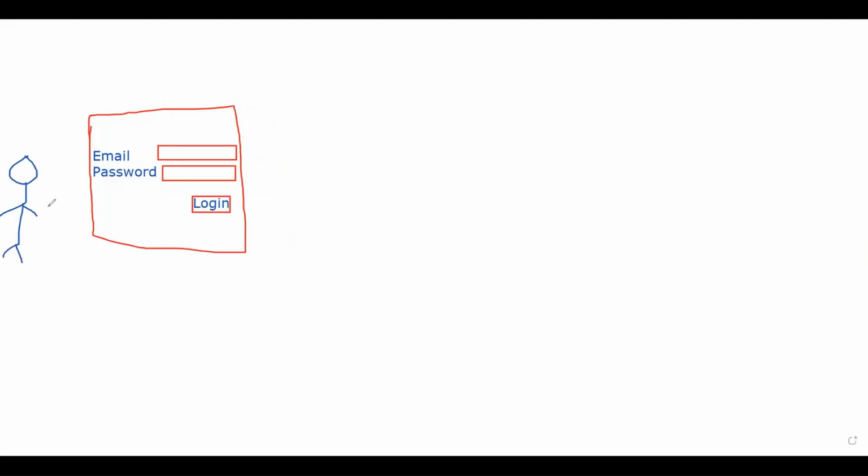Let's assume I have a Gmail email and password, and here we will have a login. I enter a Gmail username and password, or email and password, and I click on login. This is where the user is interacting. He is the user, and he is going to interact with this system.